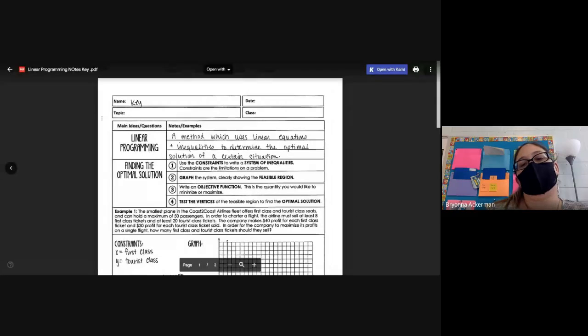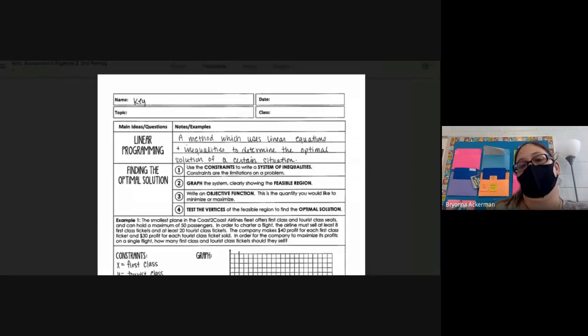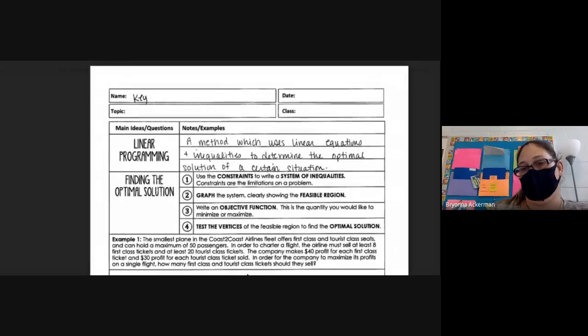Linear programming is a method where we still have linear equations or inequalities or both, and we have to determine the optimal solution of certain situations. Meaning inequalities are great and we're graphing them when we're shading them. But what if we're thinking about, I don't know, selling tickets to a concert or something?